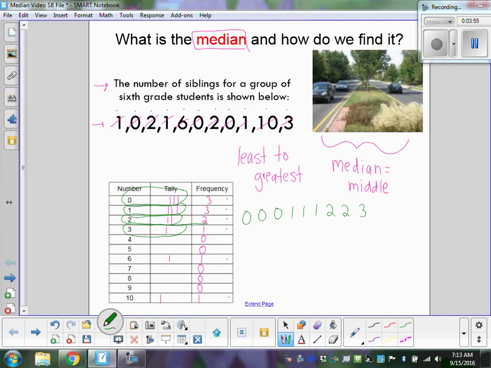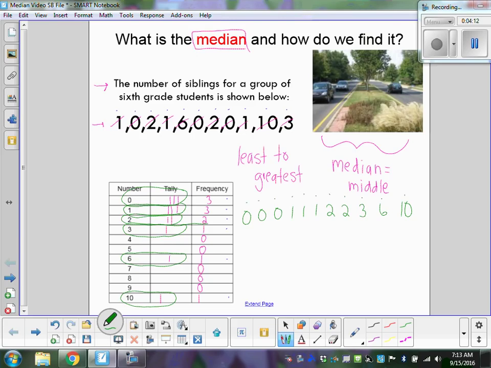No 4s or 5s, but I have 1, 6. And 1, 10. Okay, let's just make sure that I still have 11 pieces of data here. 1, 2, 3, 4, 5, 6, 7, 8, 9, 10, 11.